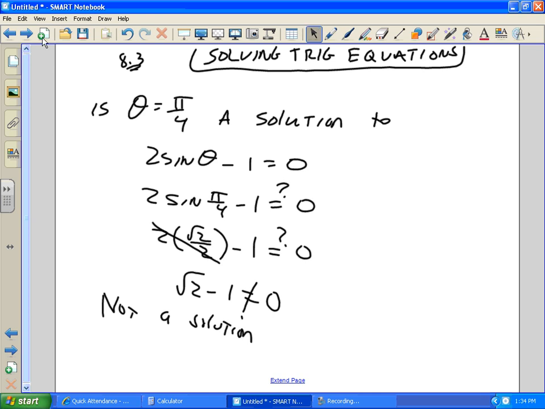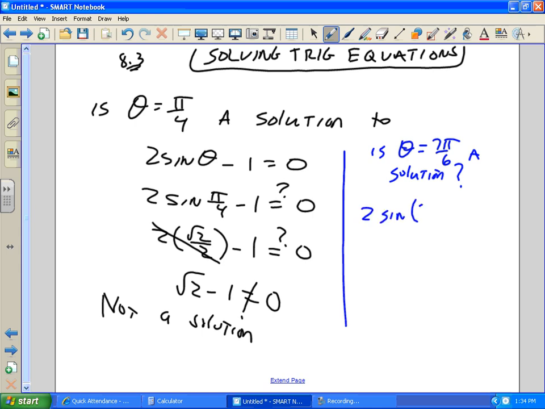Let's try this one. What about theta equal to 7 pi over 6? Is it a solution? Well, we do the same thing. 2 times the sine of 7 pi over 6 minus 1. Does that equal 0?